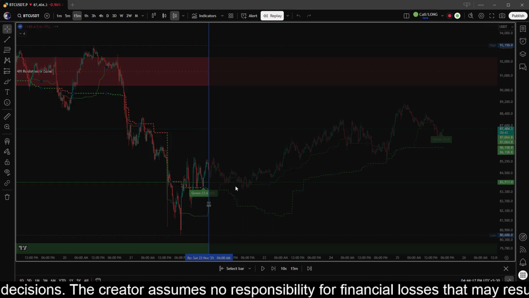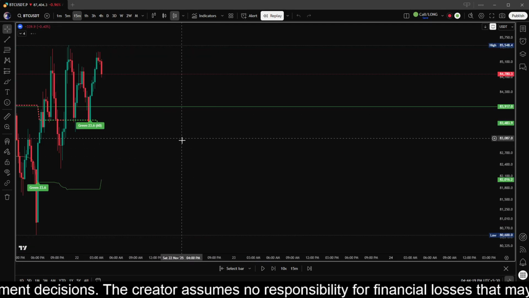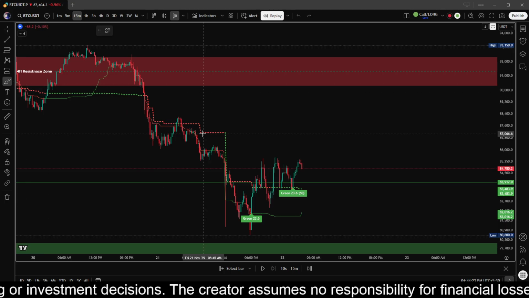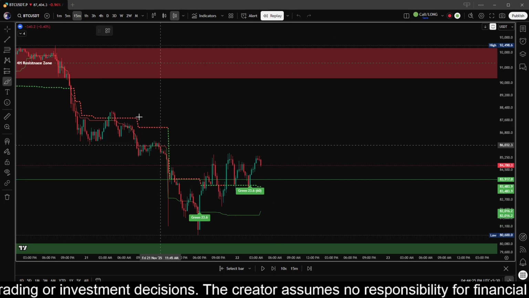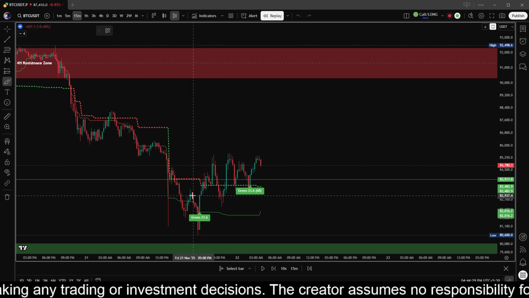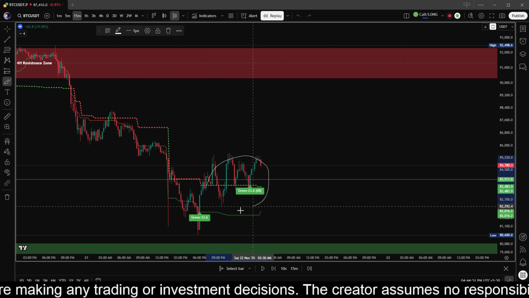So like I said, after a certain period of downfall, the market has to change its structure for the upside move. In this 15-minute time frame, the change of structure happens in this section here.